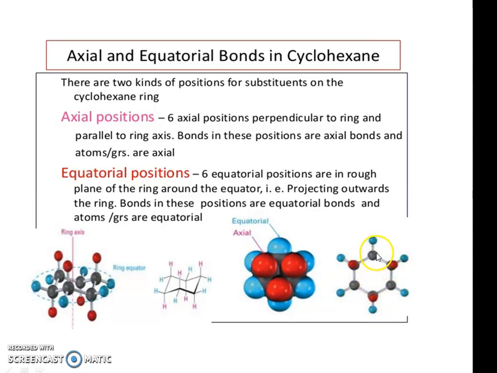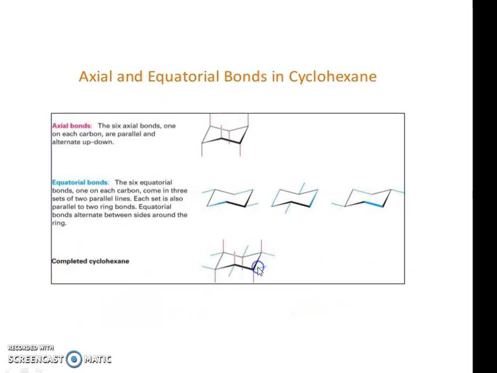So you can see the 6 hydrogens and 6 carbons. These 3 carbons are axial carbons, 1, 2, 3, and these are the equatorial carbons. And here just you can see the hydrogens associated with them are the axial hydrogens and equatorial hydrogens.